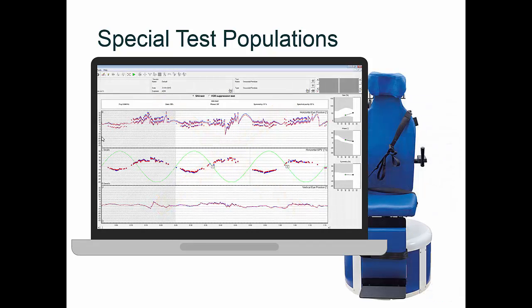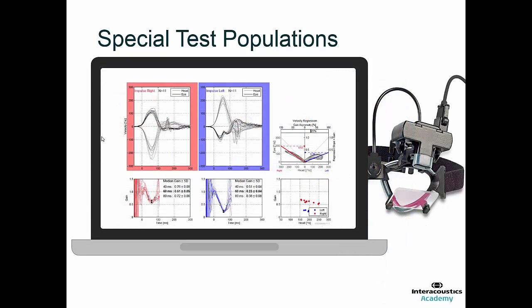But what we can see is that if we do a rotary chair test, then actually we can see that this patient does have an irregular phase lead. They have normal gains, but they have an irregular phase lead. Now this can suggest that they do have a vestibular pathology, but you may want to confirm that with a more high frequency test, such as the video head impulse test.